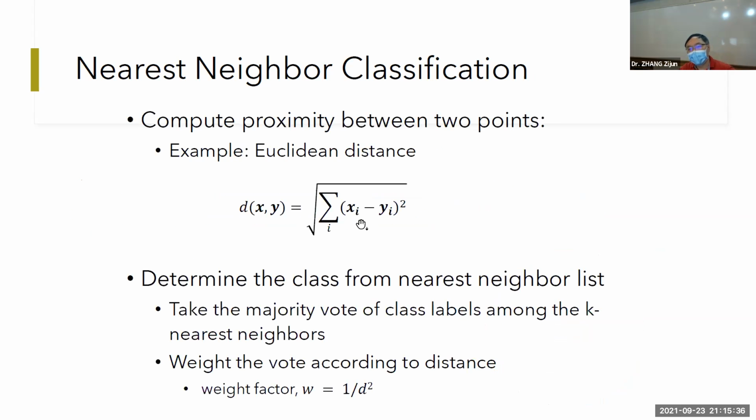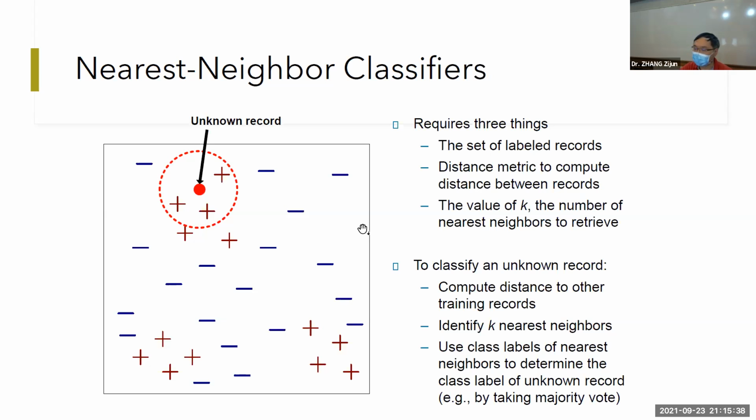So to talk a little bit more about the nearest neighbor classifier: it is basically a classifier which does not require training. Why does it not require training? Because if you have determined the distance metric and the value of k, you can directly apply this algorithm to a new data set.